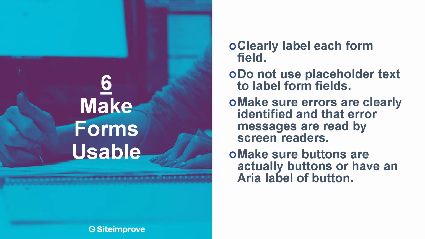So use real labels. Make sure error messages are clearly identified and read to the person as soon as the error comes up with the screen reader. I hate filling out a form of about 14 fields, and I get done, I click submit, and I get this error message. A required field was left blank. Okay, thank you.